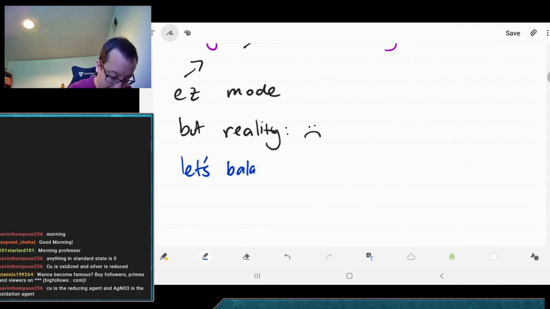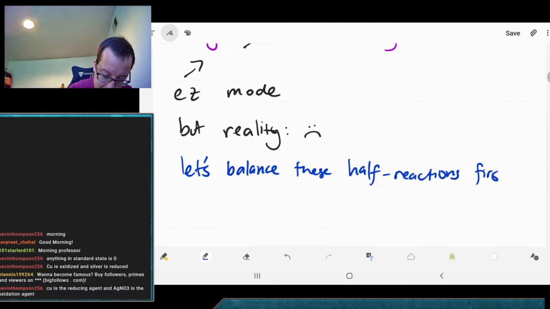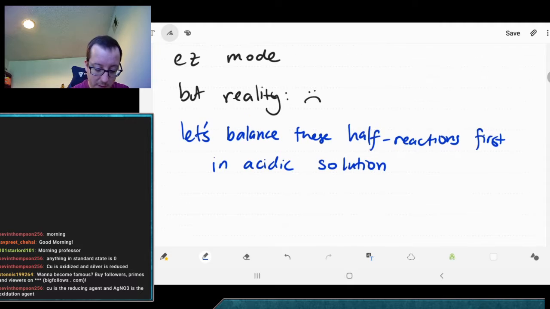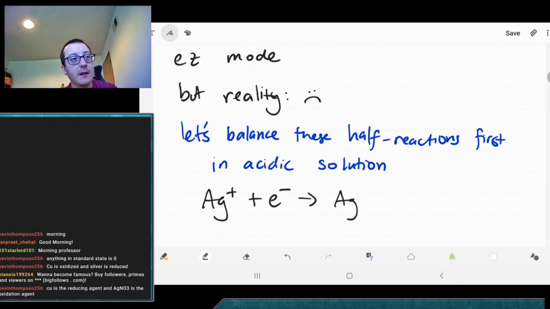Let's balance these half reactions first in acidic solution. It is always nice to say, okay, we have this reduction happening here, end of story.